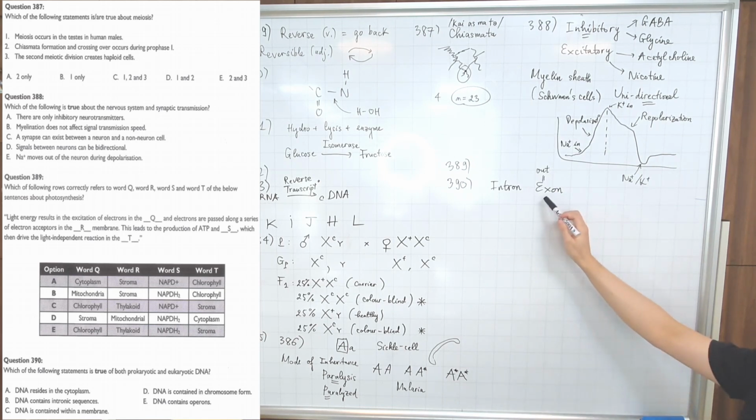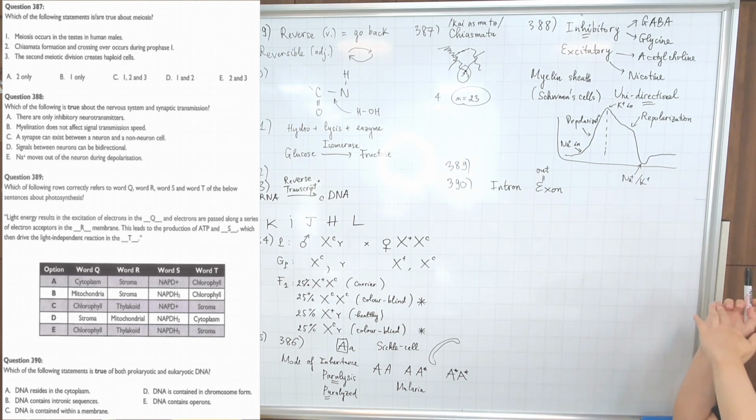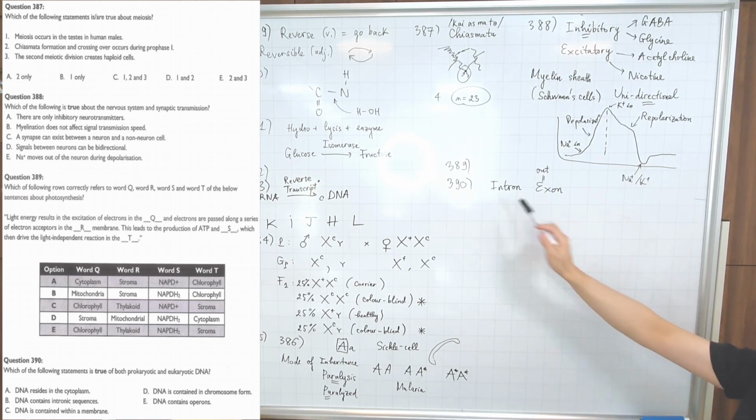So it means that exon is a part of the gene on DNA that will be transcribed. Nó sẽ được sao mã in order to make proteins or amino acids. Introns are not going to be transcribed.